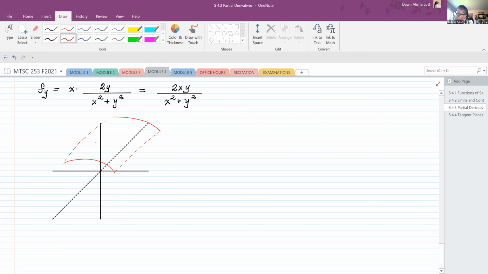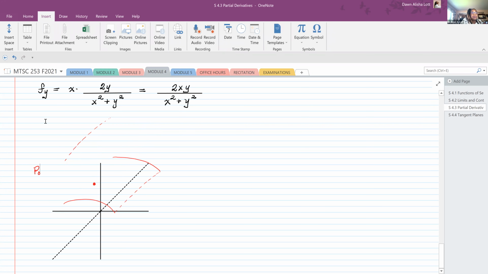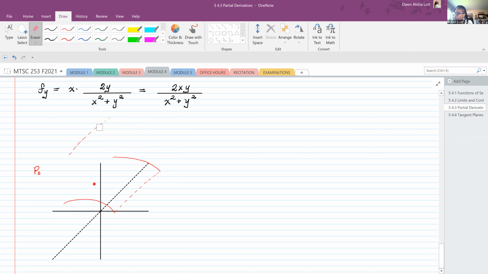Here's the point here. So that point is the point P naught. I don't know why I drew this so close. I don't know why it chooses some stuff to come with it and some stuff it leaves behind, but it doesn't matter. So this is the point P naught, which is x naught, y naught, f of x naught, y naught.